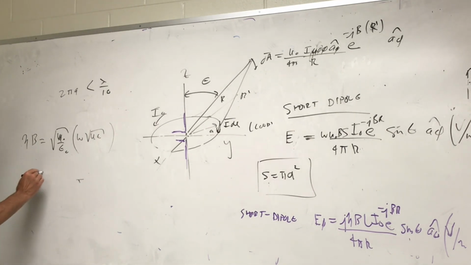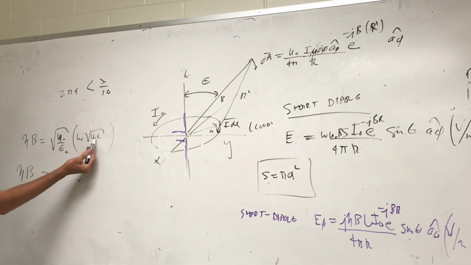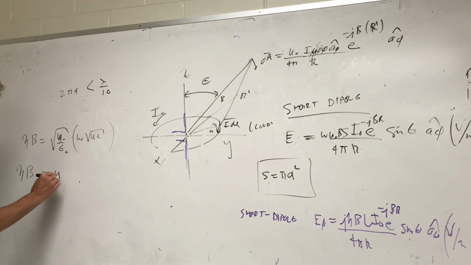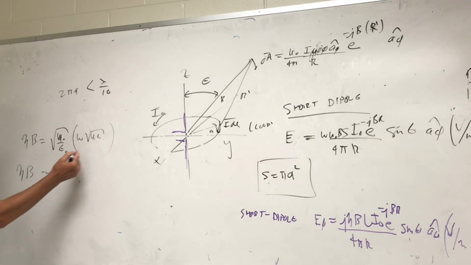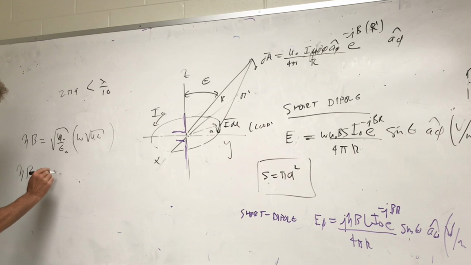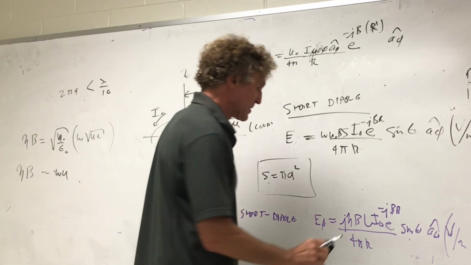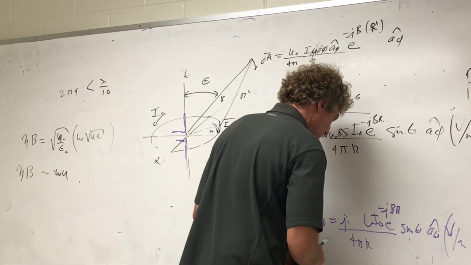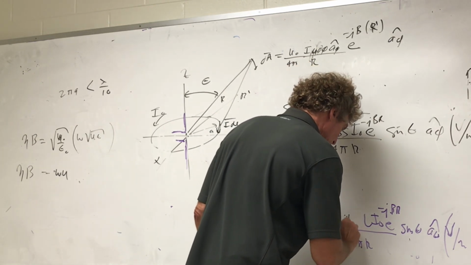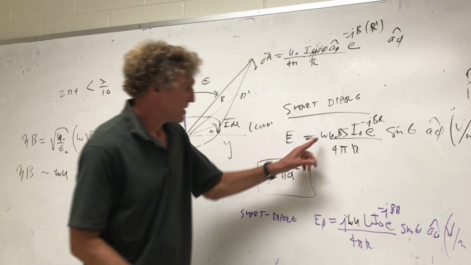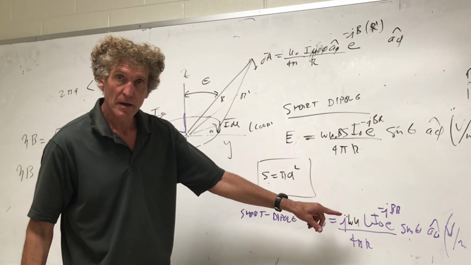Go ahead and do the math on that one. That means eta times beta, I have square root of mu, that's mu. Square root of epsilon's cancel, so I have omega mu. You all see how I can replace this by omega mu. Got omega mu there, right?